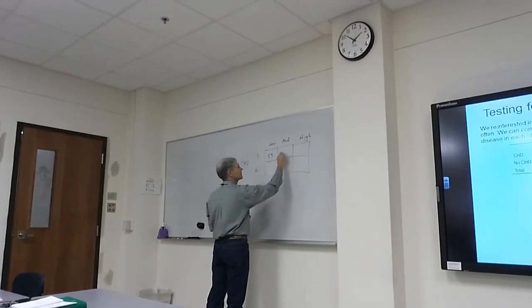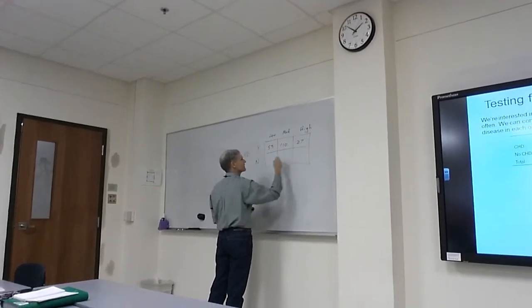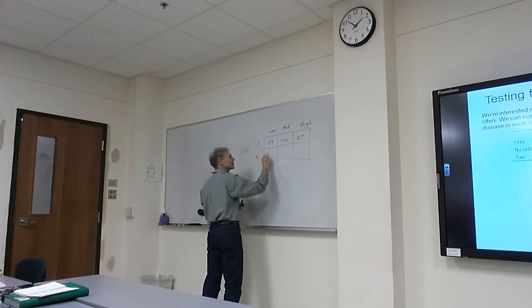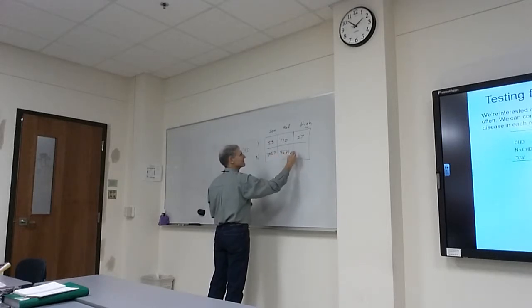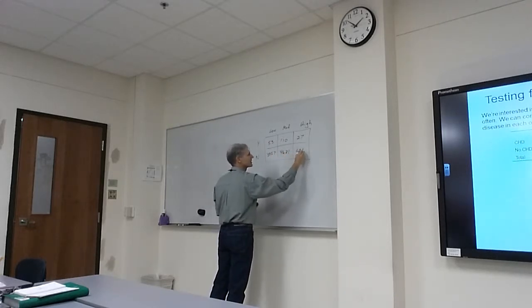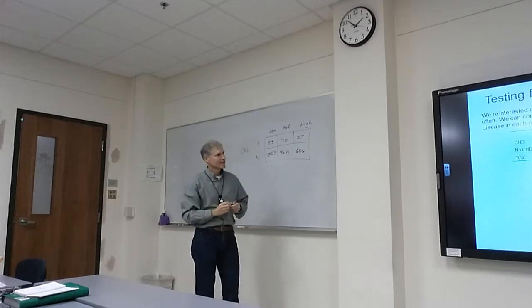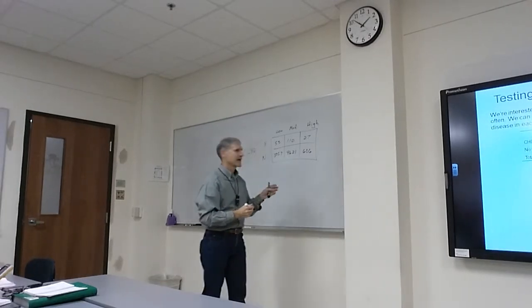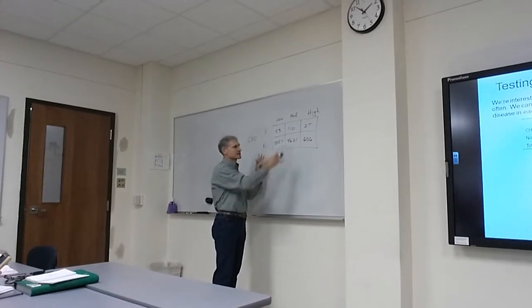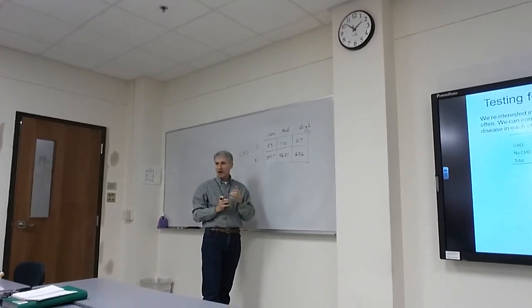Yeah. Okay. 110. 27. 3057. 3057. 4621. 606. 606. Okay? Now, the question that we'll try to answer with an analysis of this table is, are those two variables associated?